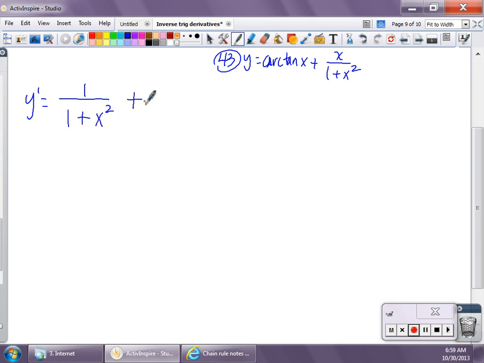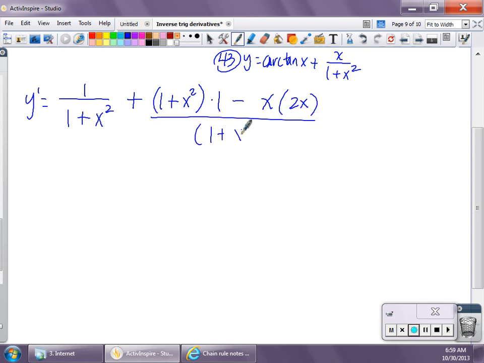The derivative of the second term is going to require the quotient rule unless you turn it into the chain or product chain. So I'll have down d up minus up d down over down down. And so cleaning that up a little bit, I have 1 over 1 plus x squared.